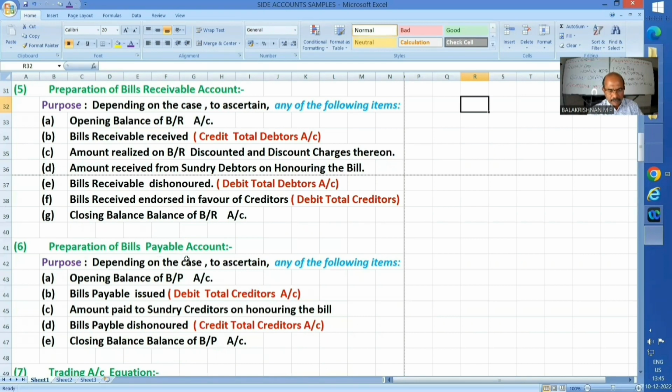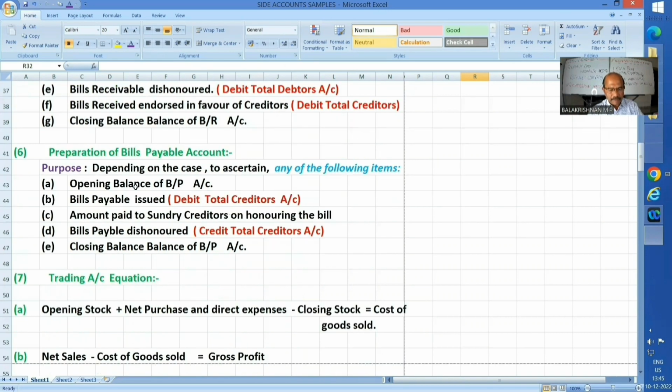Okay. Now, preparation of bills payable account. This, of course, as I already mentioned, is prepared in tandem with total creditors account. Purpose: depending on the case, to ascertain any of the following items: opening balance of bills payable account, bills payable issued. The journal entry will be total creditors account debit to bills payable account.